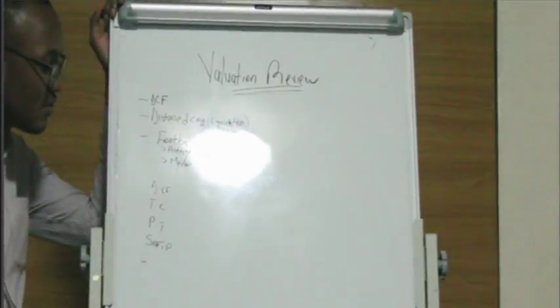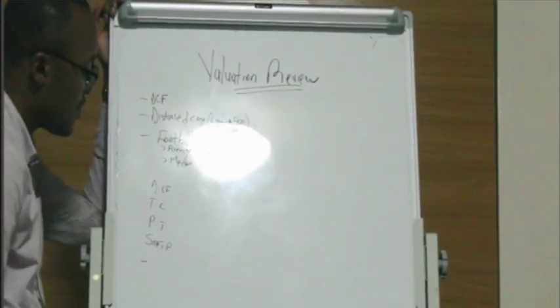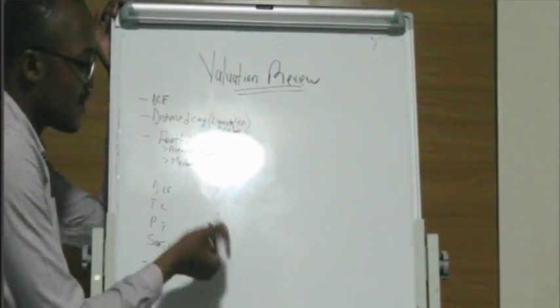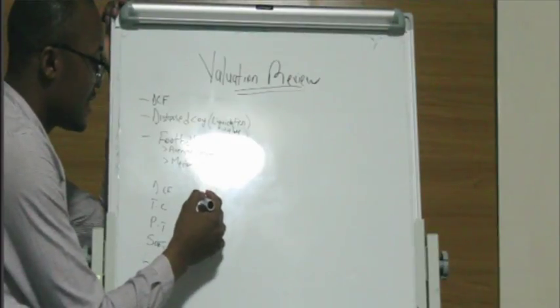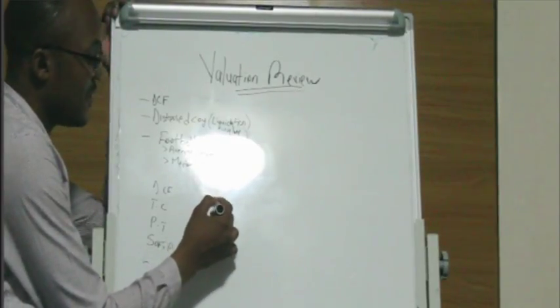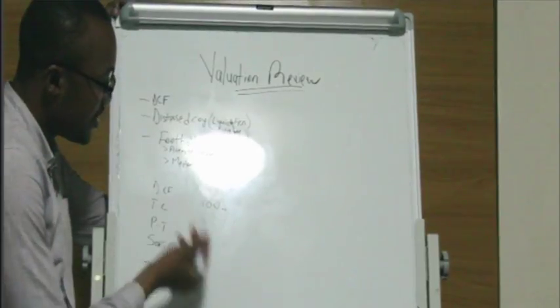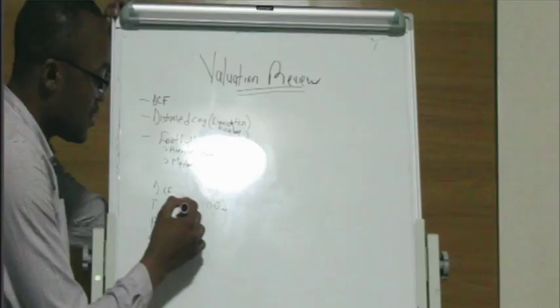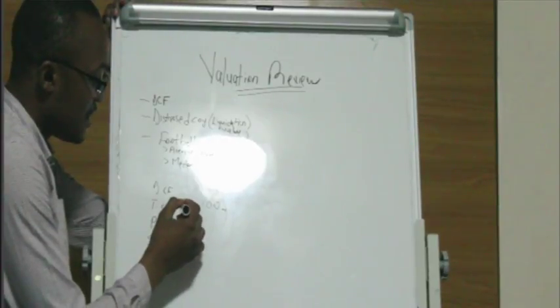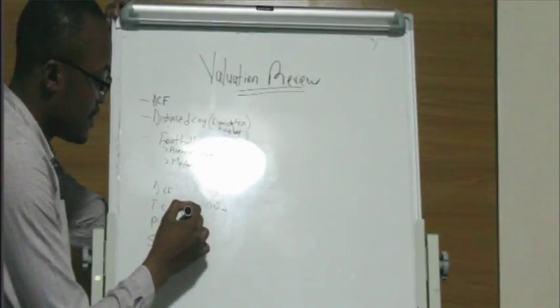So this football field, it looks somewhere around, say, a DCF gives you a value of, say, 100 million. Taking comparable values, the company at, say, 150 million.